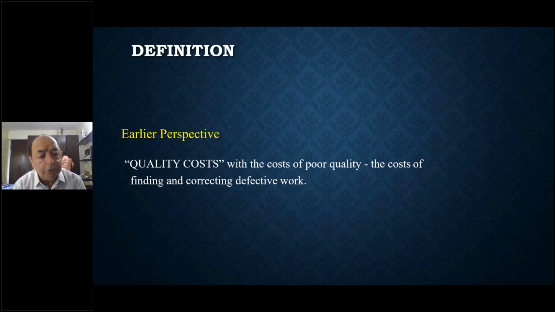That's called the cost of prevention. And cost of appraisal is the cost of assessment whether whatever process or output or product or service which you have produced, does it meet the next customer requirement or not. Similarly, cost of non-conformance has got two parts: internal failures and external failures cost.